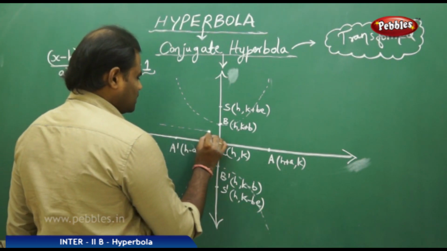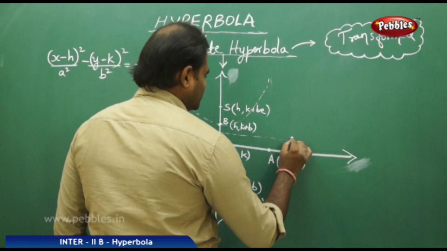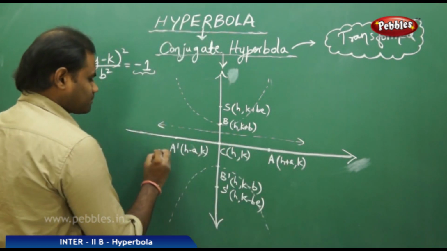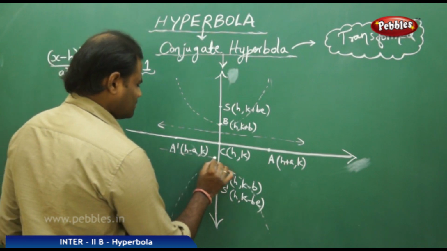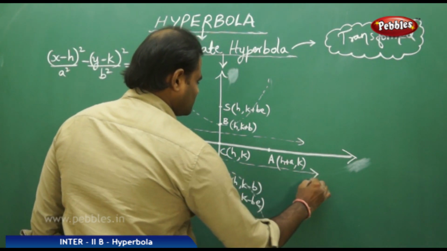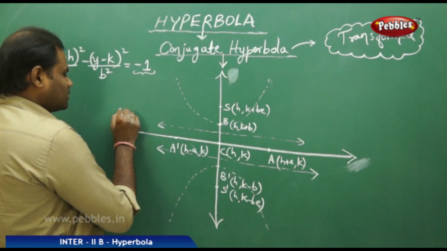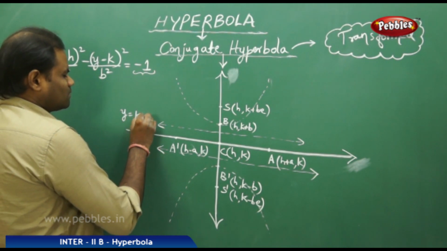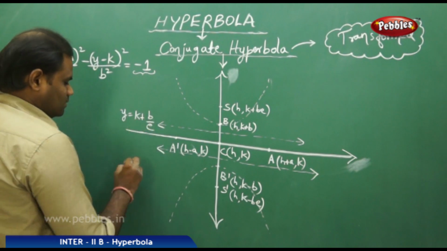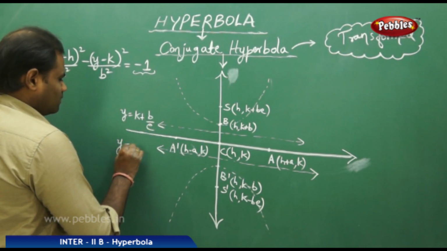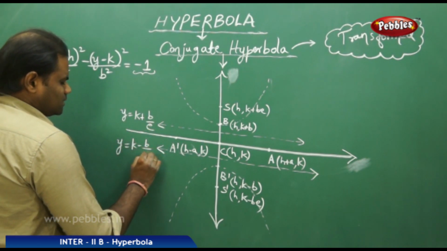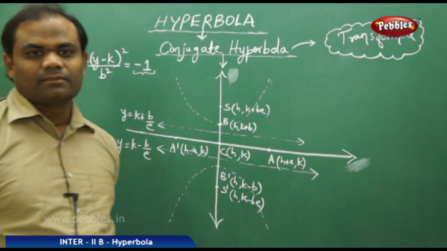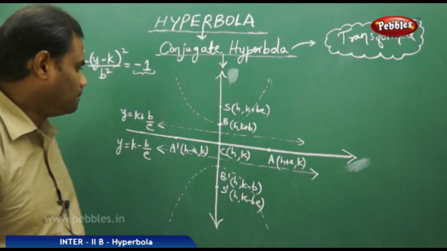Say, for example, I want to find the directrix, then this is given by y equals k plus b by e, and this is given by y equals k minus b by e in the transformed form.